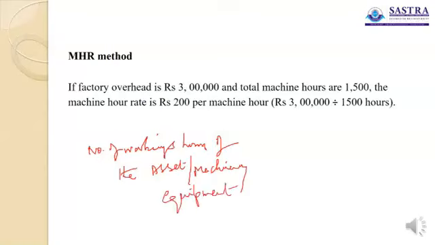If factory overheads are 3 lakhs and total machine hours are 1500, what is the machine hour rate? How is it calculated? Do you understand this?